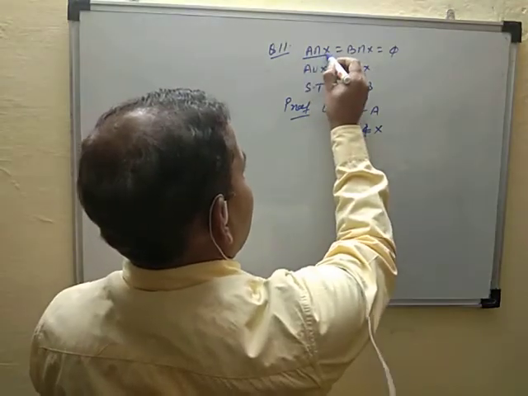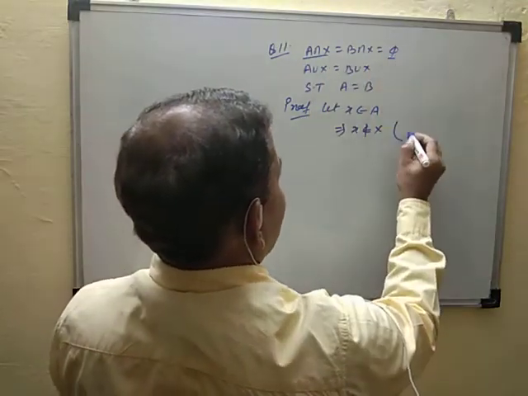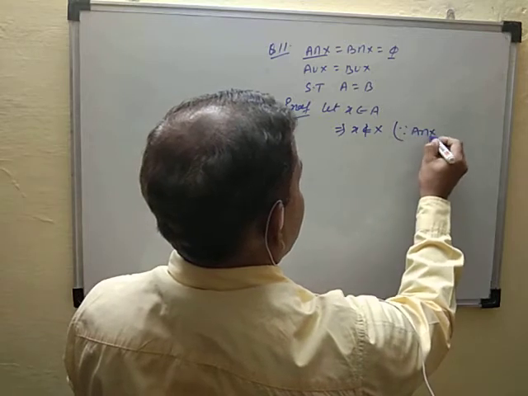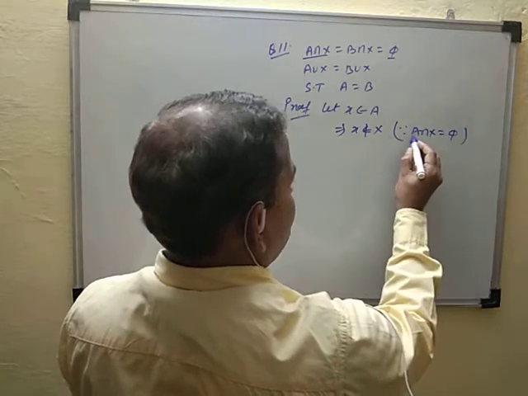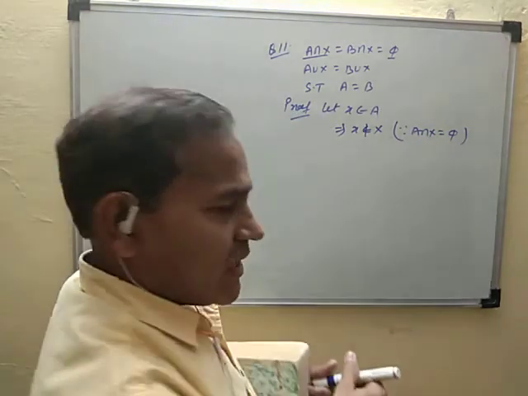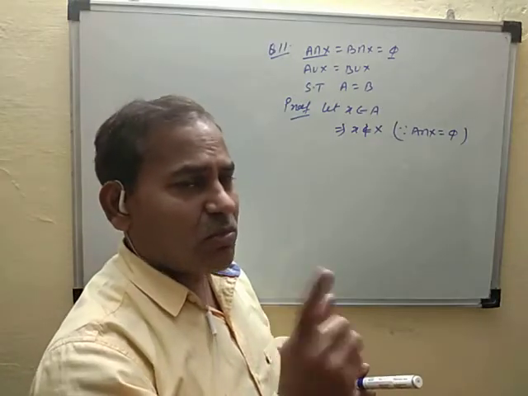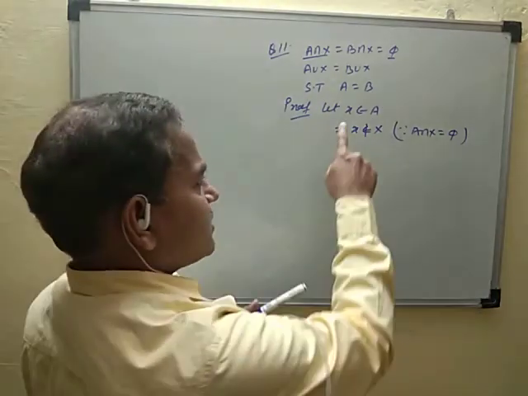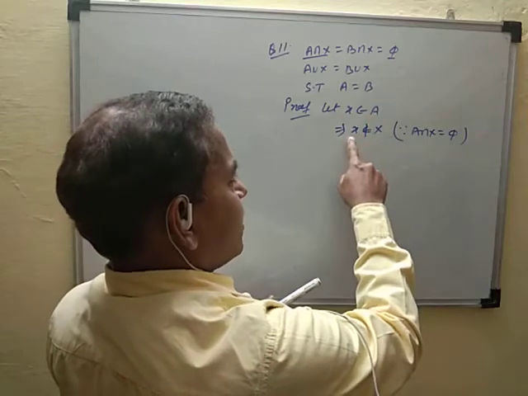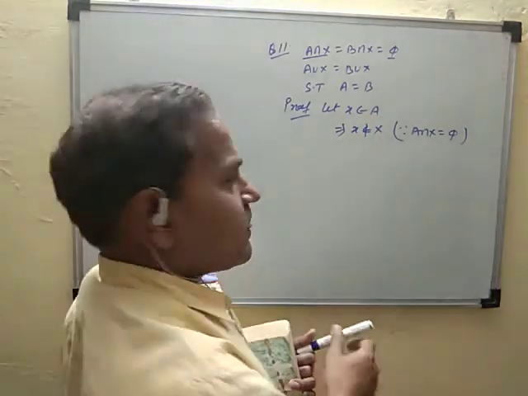Since A intersection X is equal to phi, it means there is no common element between A and X. So if x belongs to set A, then x does not belong in set X.